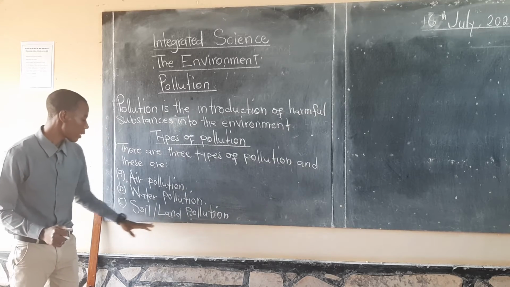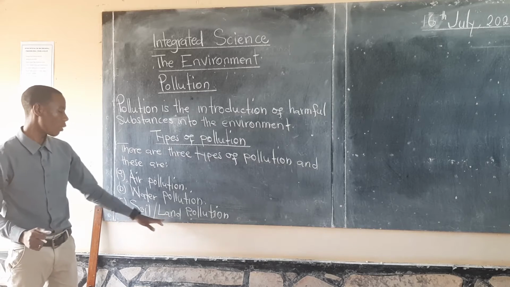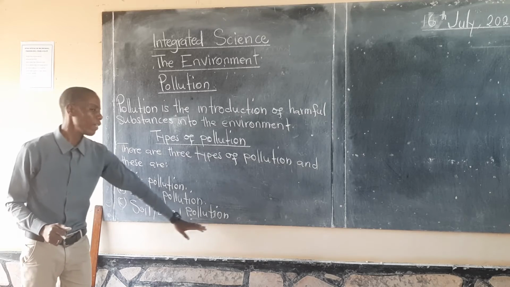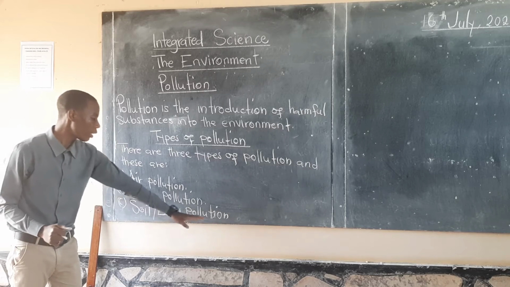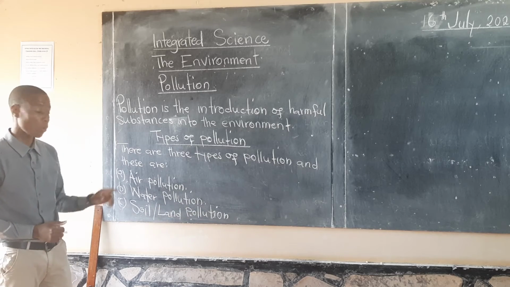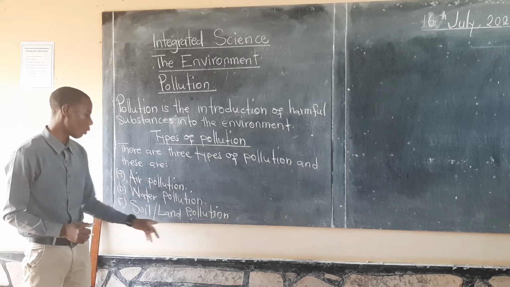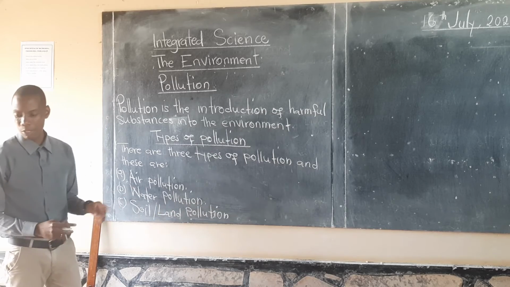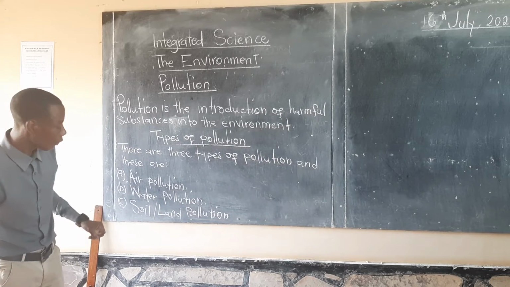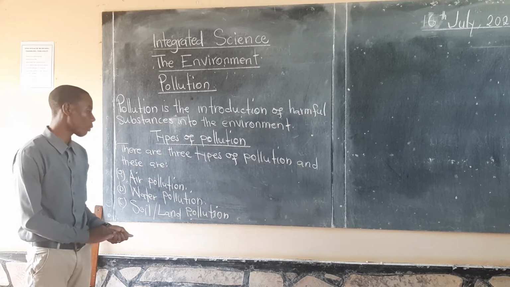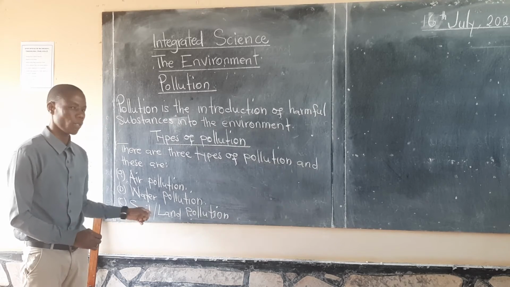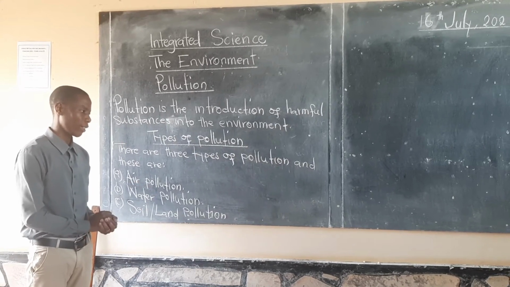Soil as well as land, you can call it soil or land pollution. There are different living things that are found in the soil. So once you pollute the soil or the land in general, what you are going to affect are the different kinds of living things that depend on what? Soil as well as land.